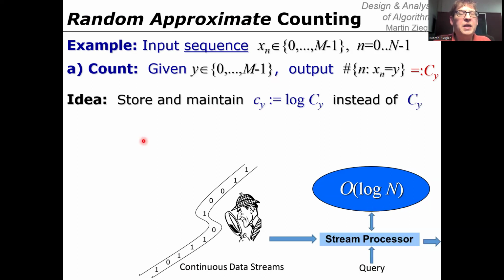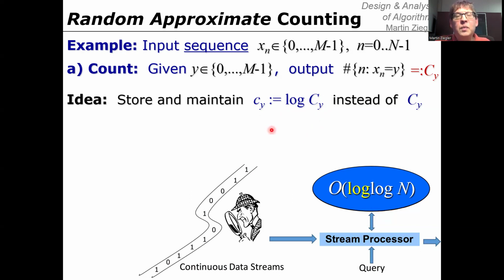So the idea behind this algorithm is to not store the counter for Cy, because that would use log n bits of memory in the worst case when y occurs all the time, but instead store and maintain small cy, which we define to be the binary logarithm of capital Cy. Now this is a good idea because the small cy, since its value is at most log capital N, therefore only uses log log n bits to store.